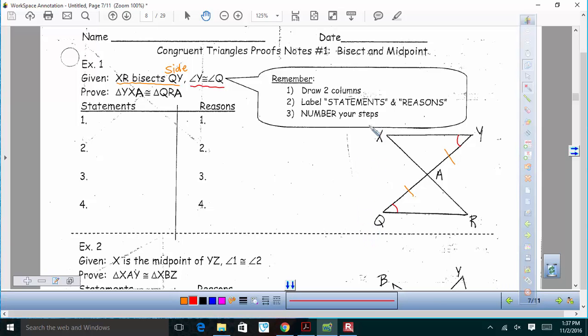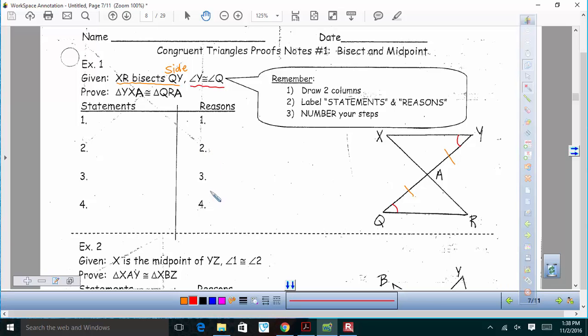And then yesterday, once we labeled everything that was given, we looked at what was implied by the picture. So some implications from the picture. These are things that we can see in the picture, but they're not actually labeled. So things like reflexive property, vertical angle theorem, isosceles triangle theorem.